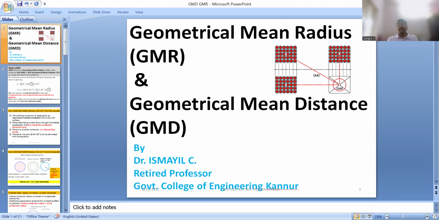It is called GMD because it presents the mean distance between conductors. Since GMD is the distance between different conductors, it varies with conductor arrangement. That is, in the earlier case, GMR does not depend on the distance between the conductors, but GMD depends on or varies with the conductor arrangement.